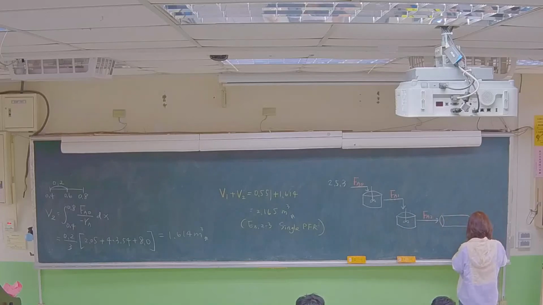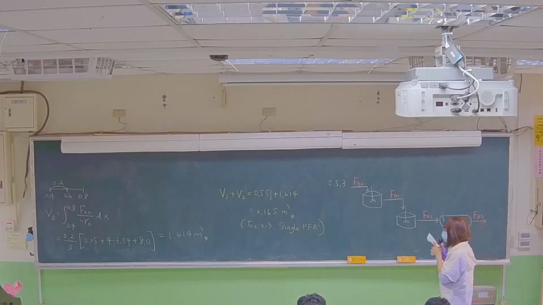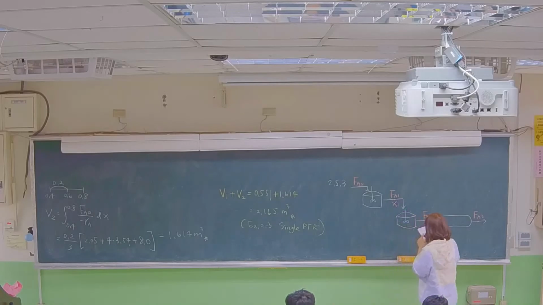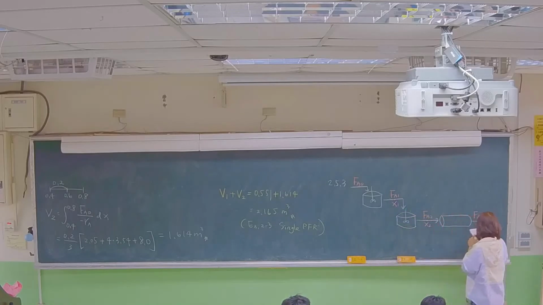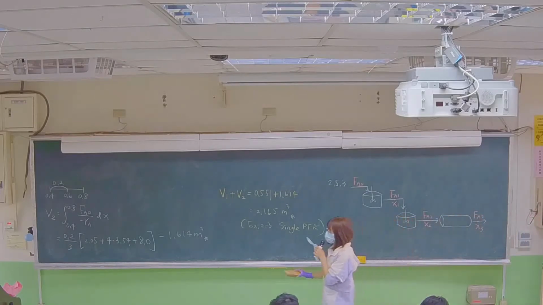After passing the third reactor, molar flow rate is FA3. Along with the molar flow rate, we have conversions X1, X2, and X3. So let's talk about this combination.